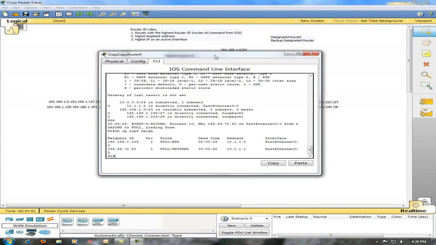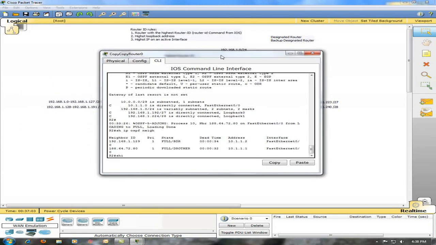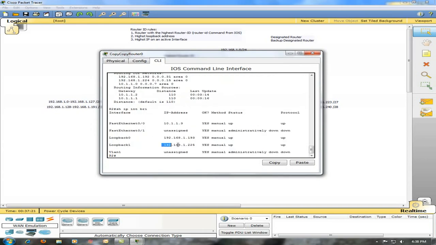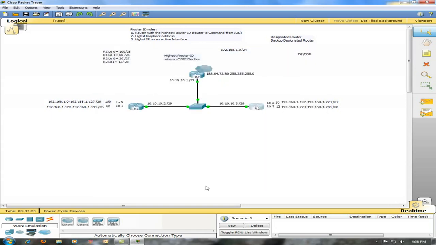Router 2, OSPF 192.168.1.225. So those were the highest loopback interfaces, because remember, this address is only a loopback interface, but we're going to use it to ping stuff as well.